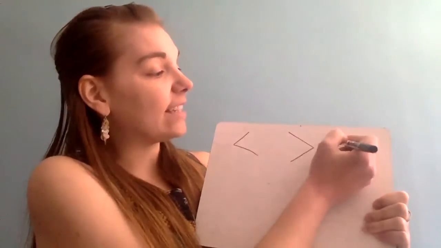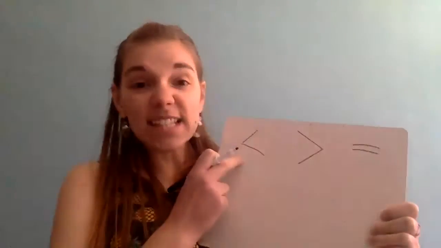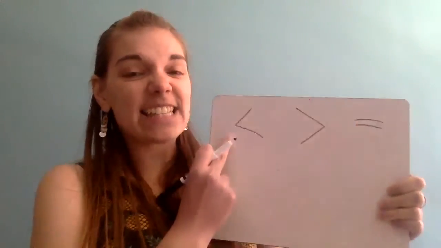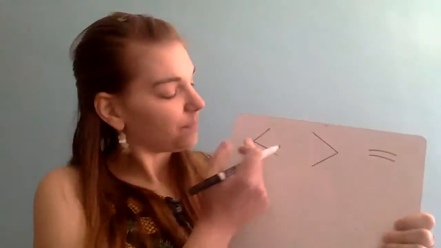And so our lesson for today is to still compare numbers, but we are going to be using the symbols like that, that, and equal. So this symbol is called less than.